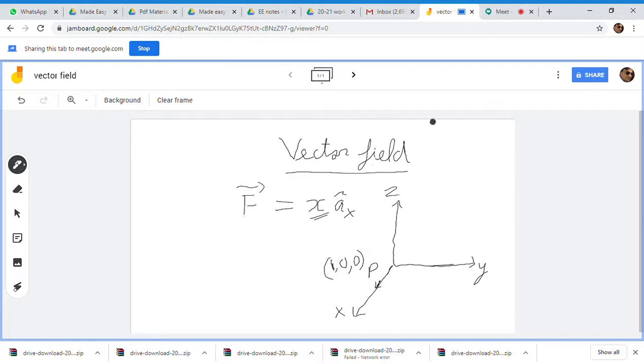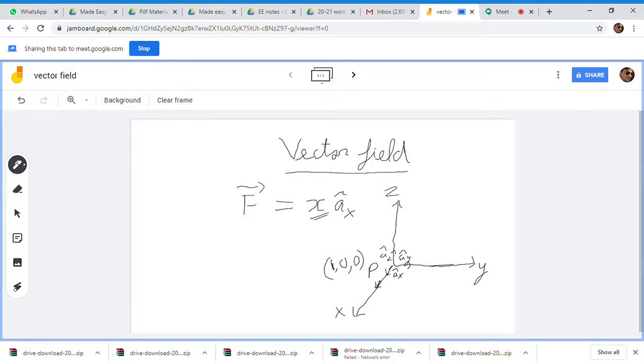Where is the ax unit vector? It is in this direction. And ay is the unit vector in the y direction. az is towards the z direction. So it has one magnitude, so I have put a vector like this.